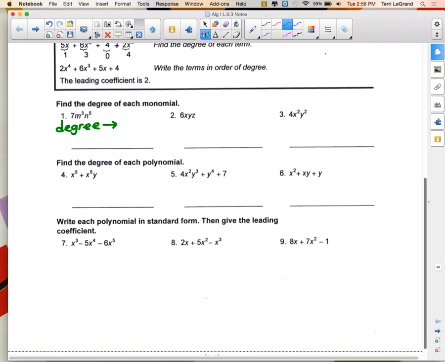Okay. What are we going to do to get its degree? Alicia? Add 3 and 5. And yes, the degree will be 8. It's a degree 8 monomial. Okay, you go ahead and do the other 2 now. See what you get. Show what you did to get it. Just like we did in this one.